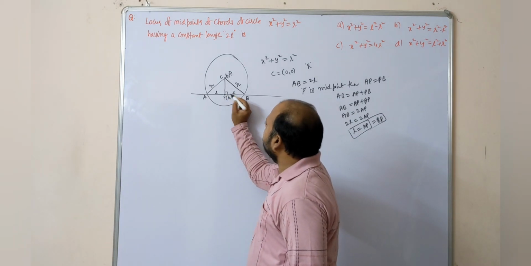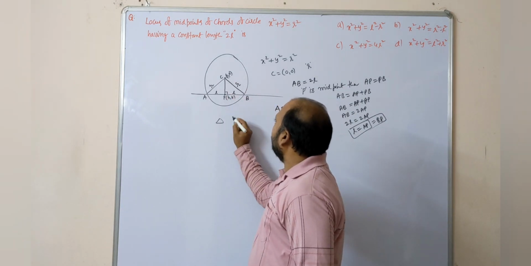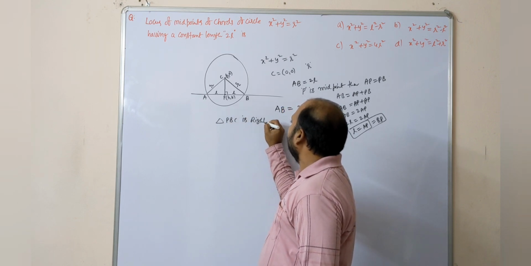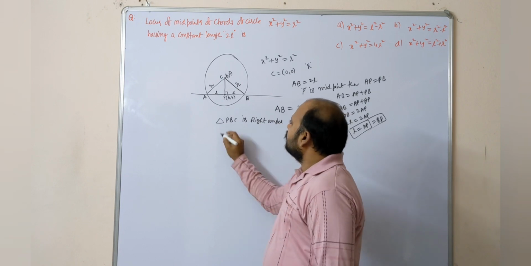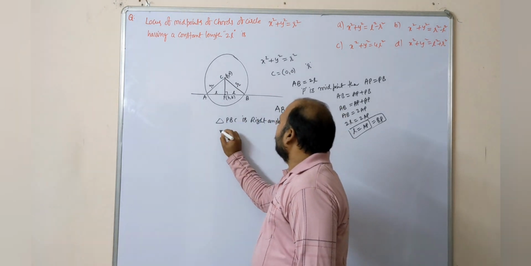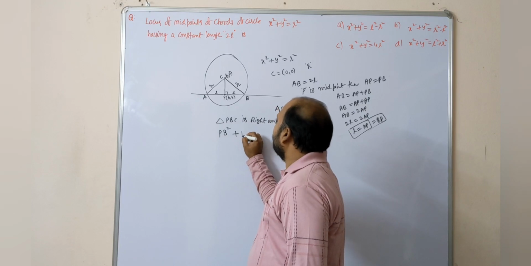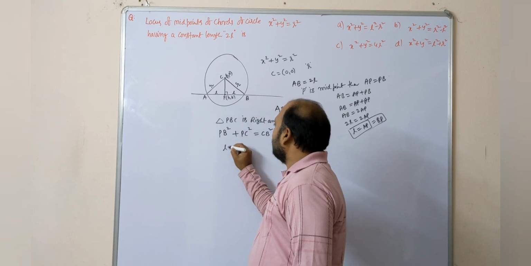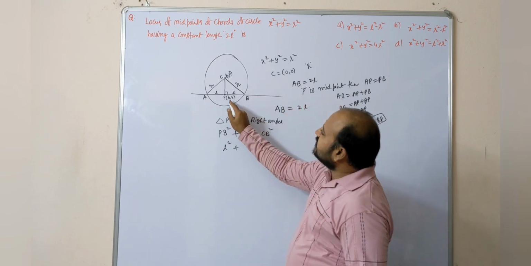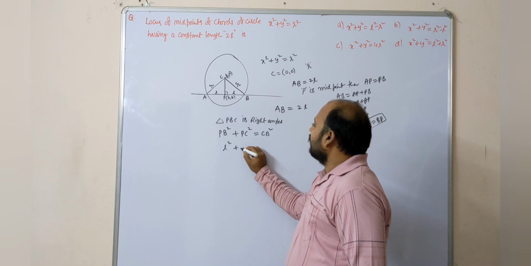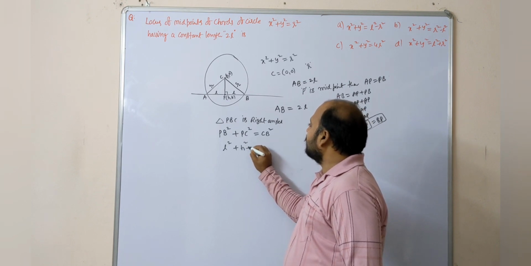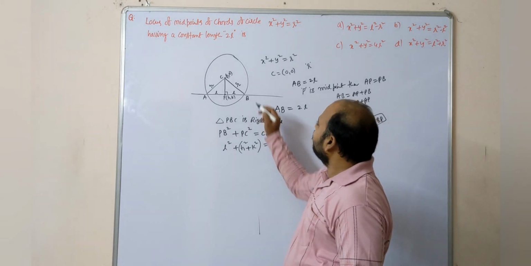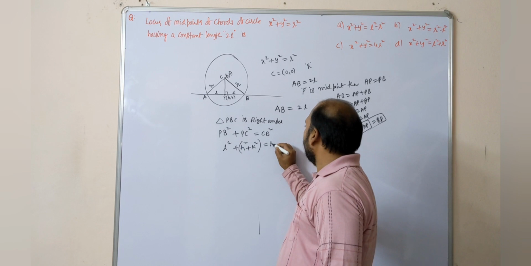We observe that this is a right angle triangle now. So triangle PBC is right angled from the figure. If you apply Pythagoras theorem, PB square plus PC square is equal to CB square. PB means l square. PC is the distance between these two points, so (h minus 0) whole square plus k square is equal to CB, which is r square.